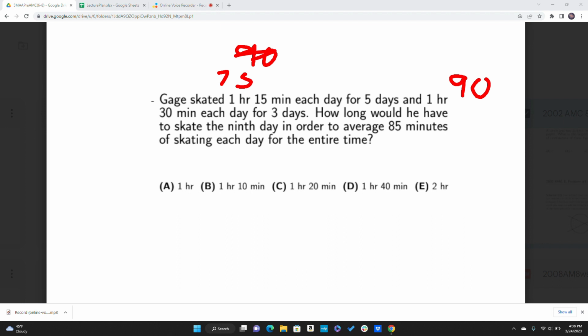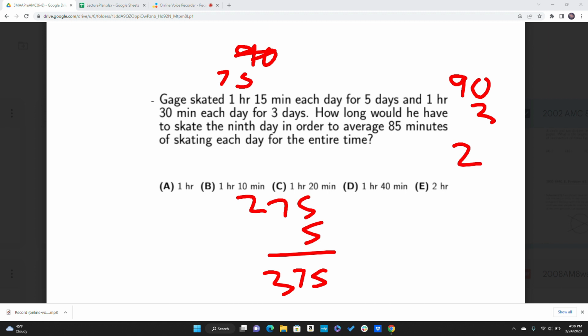So let's find some totals here. 75 times 5, that's 375 minutes of skating for the first 5 days. Okay, and then 90 times 3, that's 270 minutes of skating for the next 3 days.